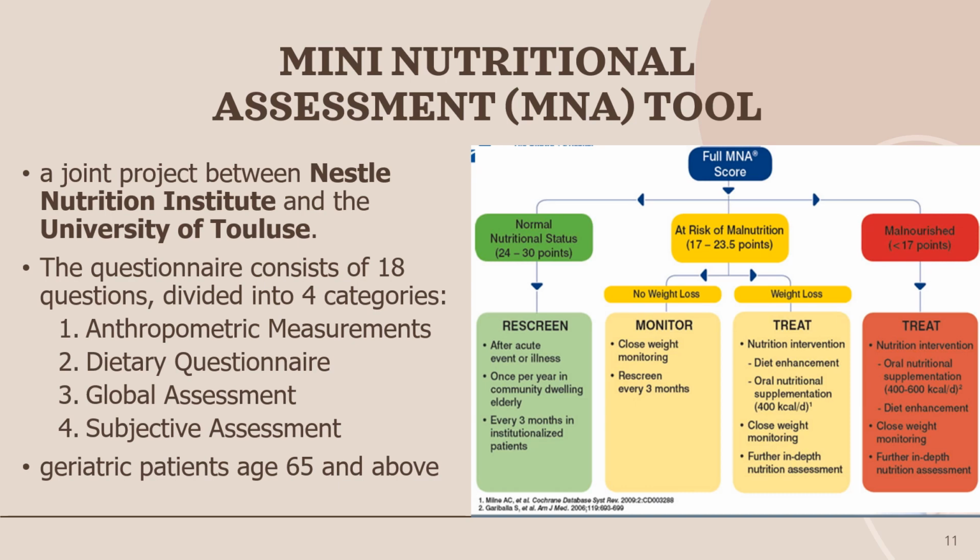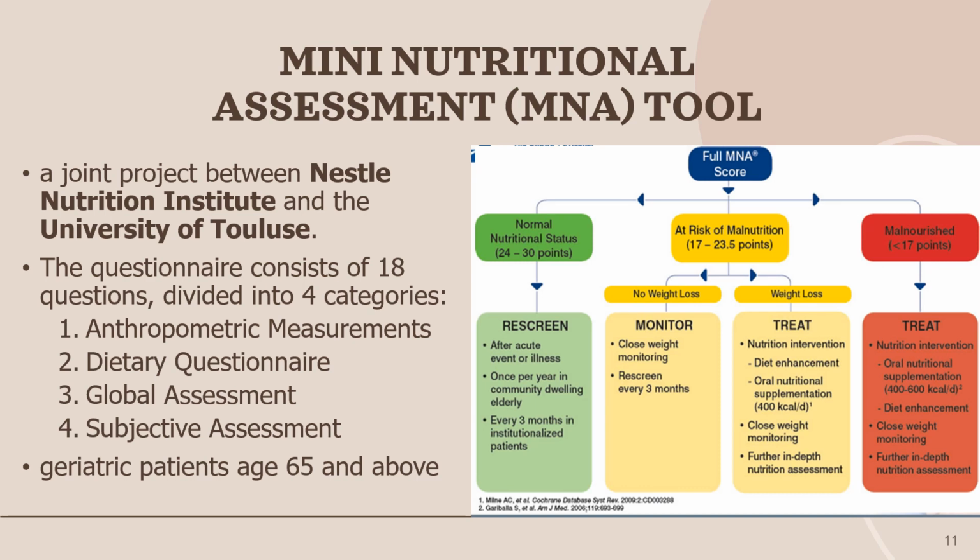Now, another means of assessing nutritional status would be by the use of tools. So one of the more popular or more well-known tools is the Mini Nutritional Assessment tool, which was developed by the Nestle Nutrition Foundation and University of Toulouse. It's used basically for geriatric patients age 65 and above, and is a questionnaire consisting of 18 questions divided into the following categories.